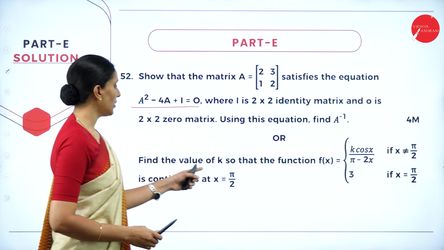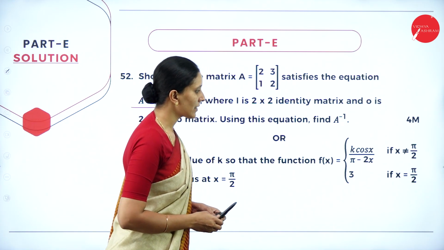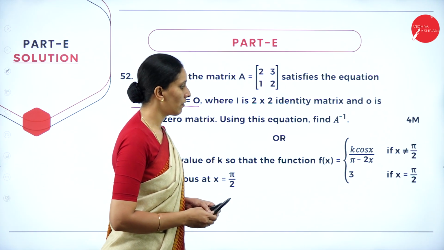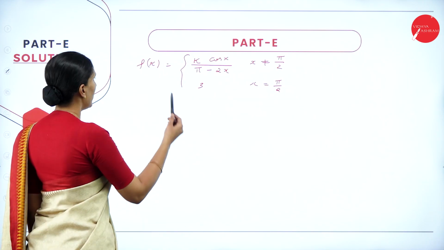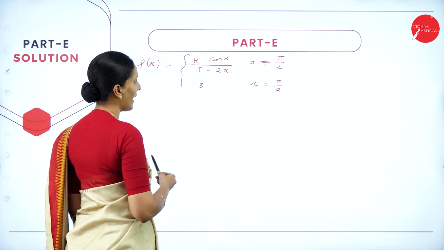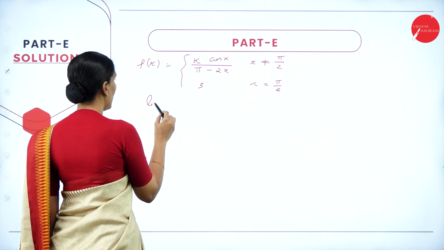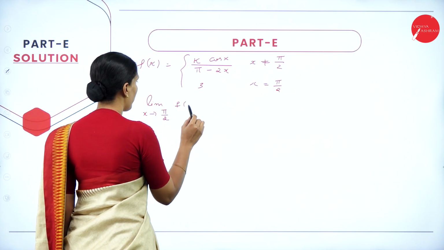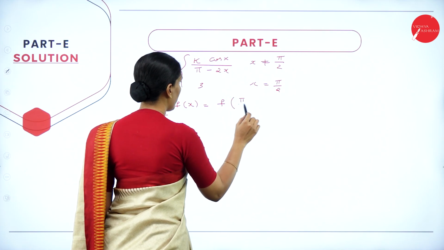Next, find the value of k so that the function f of x is equal to k cos x divided by pi minus 2x if x is not equal to pi by 2 and 3 if x is equal to pi by 2. Now the given function is in this form and they have clearly said it is continuous at pi by 2, which means limit x tends to pi by 2, f of x will be equal to f of pi by 2.